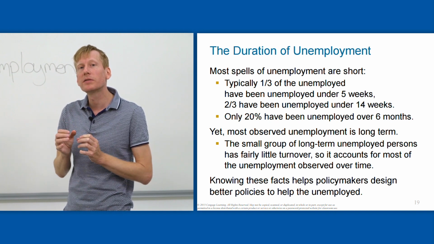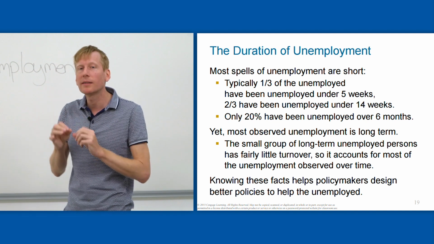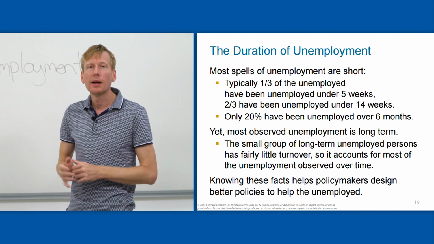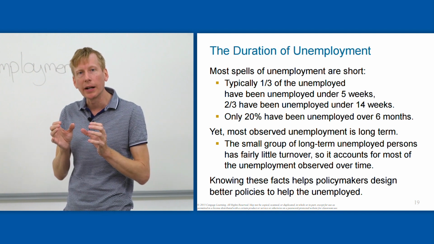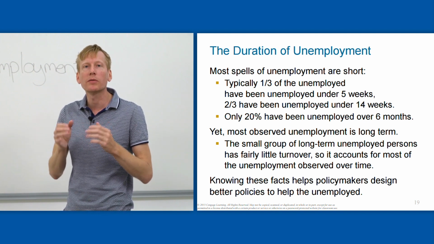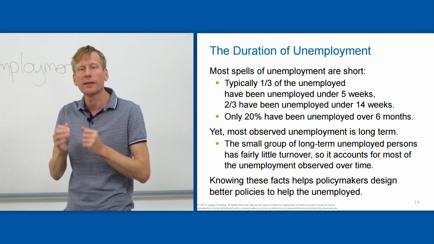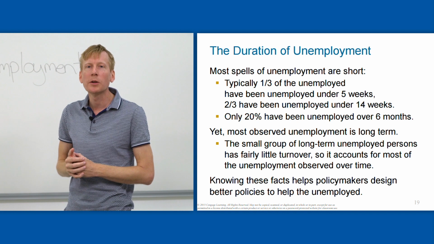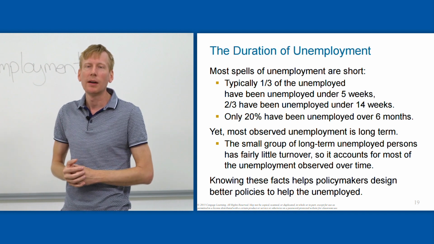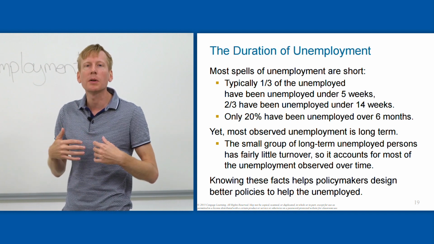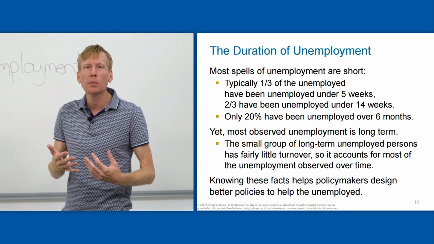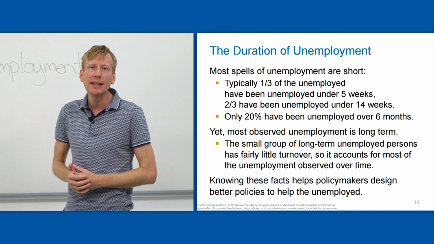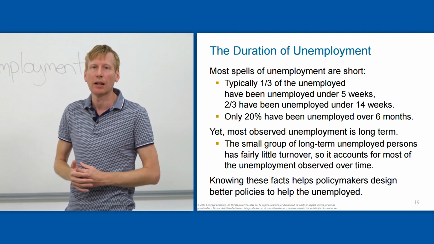Most observed unemployment at any given point in time is among those who are long-term unemployed. So we would focus differently on what determines unemployment for those who are unemployed for a short time versus what determines unemployment for those who are unemployed for a long time, and what kind of policies government might introduce to try to reduce unemployment for one group might be quite different from the policies that would be needed to reduce unemployment for the second group.